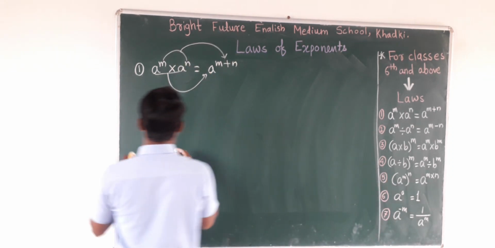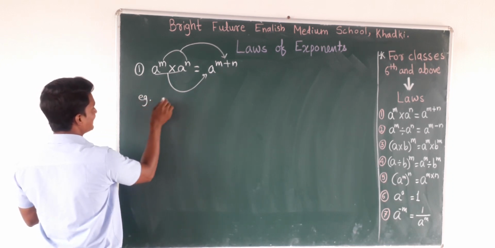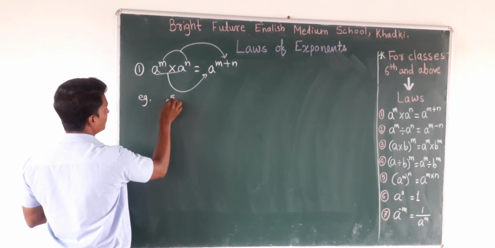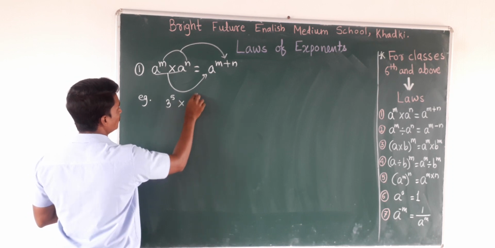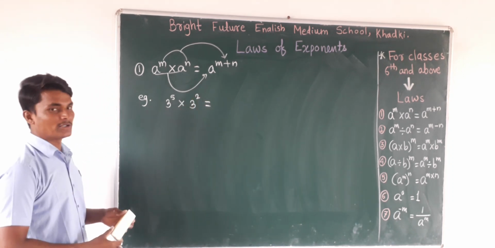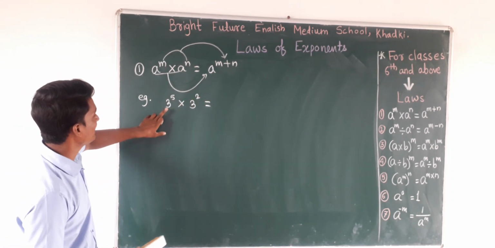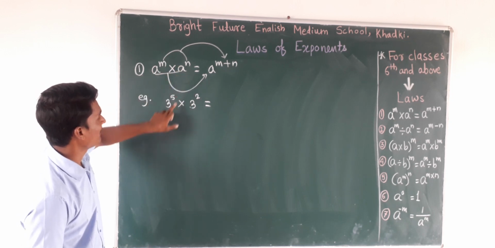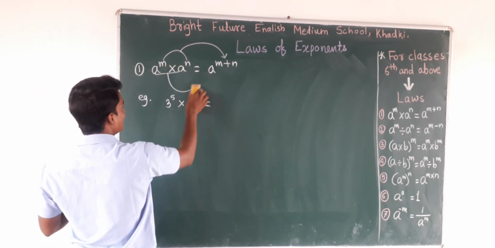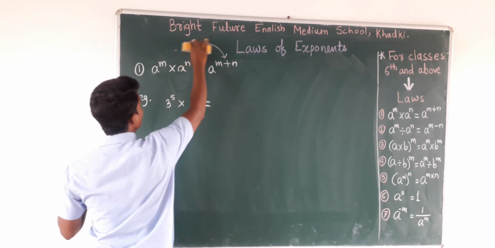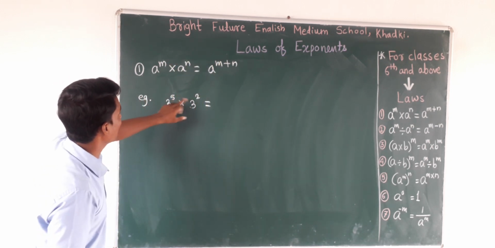For example, suppose 3 raised to 5 multiplied by 3 raised to 2. Now see, 3 and 3, the base is same and different in power.